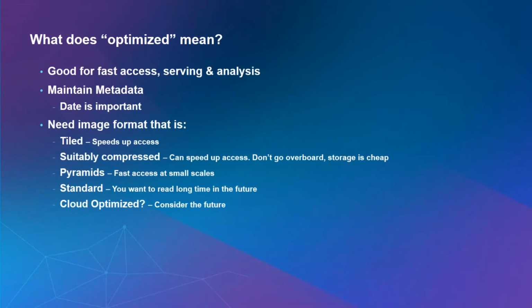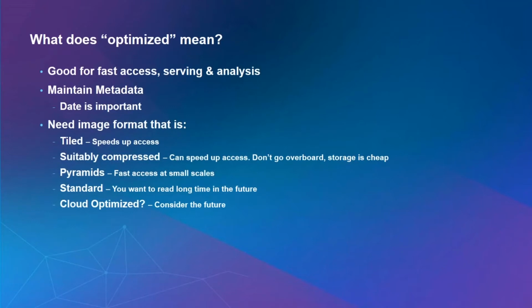Compression can have a number of advantages. It can speed up access to the data because less data gets transmitted, but you have to be careful that you don't go overboard. If you compress the data too much, you will start losing data, and sometimes some compressions actually slow things down because there's a lot of CPU required in the compression and decompression of the data. So don't go overboard on the compression.